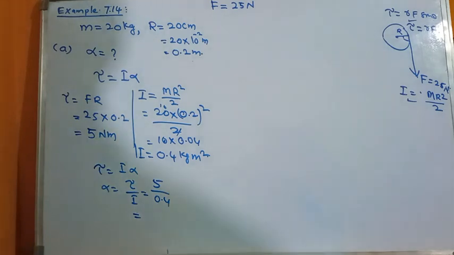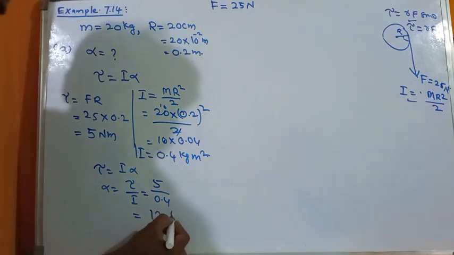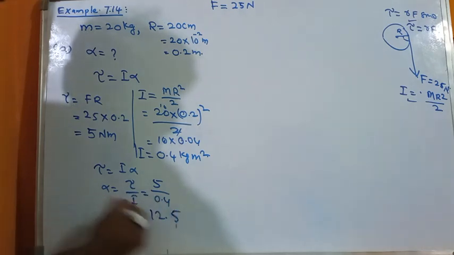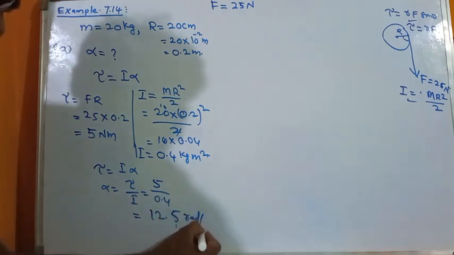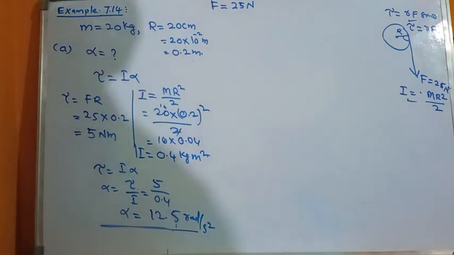If we remove the point, it becomes 50 by 4, that is equal to 12.5, sorry, 12.5 alpha, radians per second square. This is our first question, alpha, the angular acceleration.